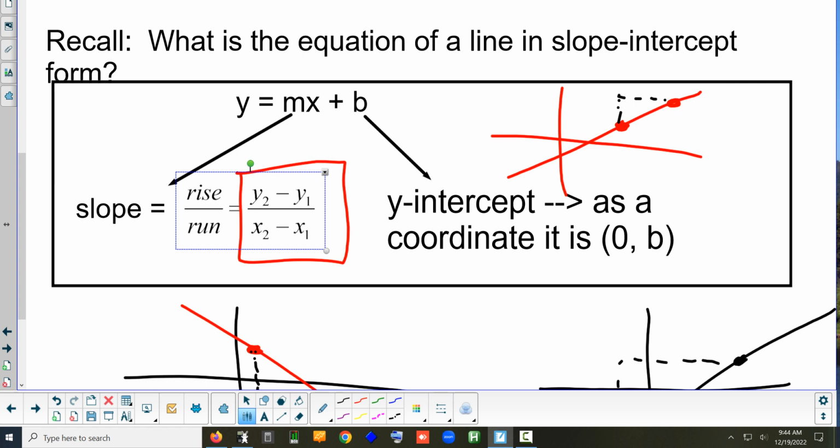That's a total of 4 numbers. So we have to fill in these 4 spots with the 4 numbers from the 2 coordinates they give you. The only way you can really get this wrong is if you accidentally put the y's in the bottom. You want to keep the y's in the top. So the y coordinates go in the top and the x coordinates go in the bottom.